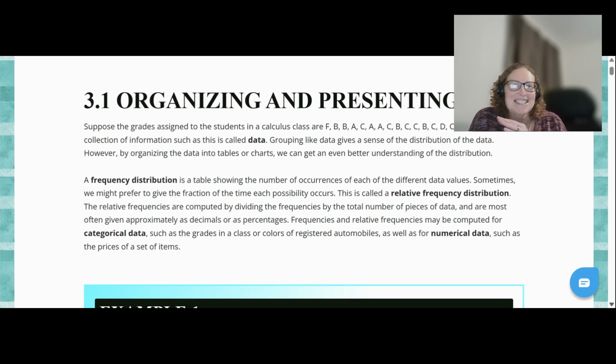So you see the grades, F, B, B, all of those. Okay, so we call that data. Grouping is helping us make sense of that data. So we have the data and then we group it in different ways to help us make sense.